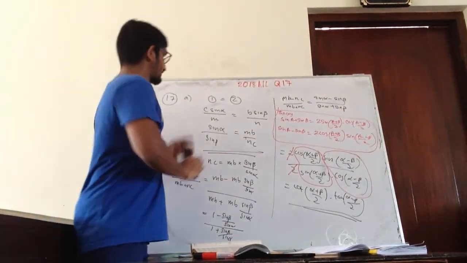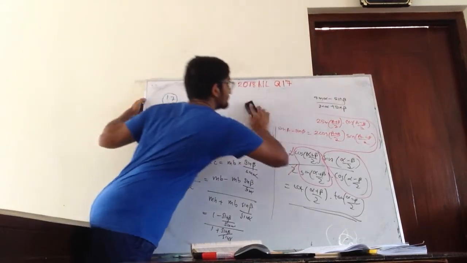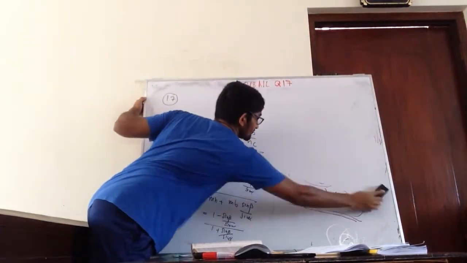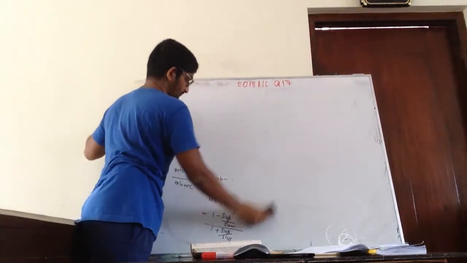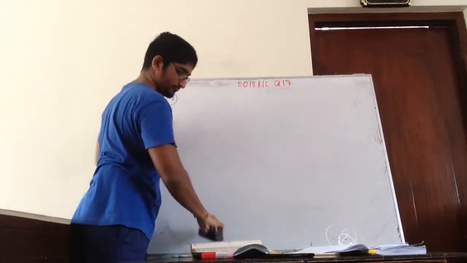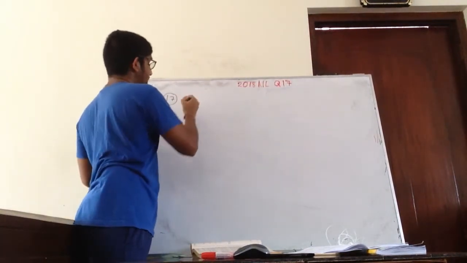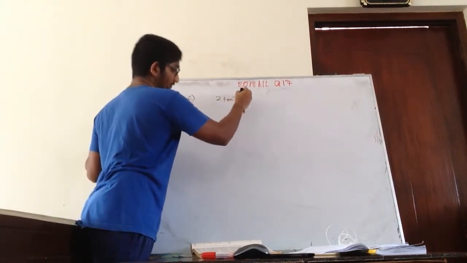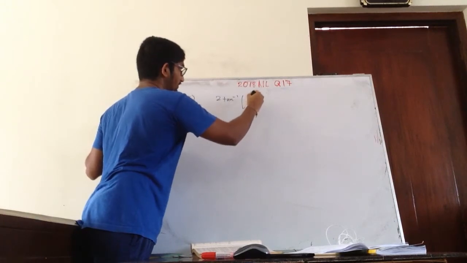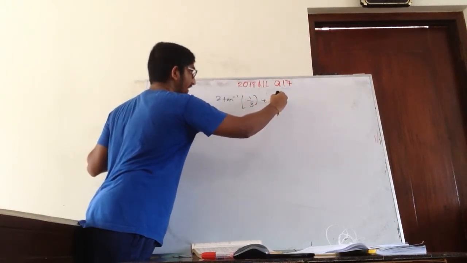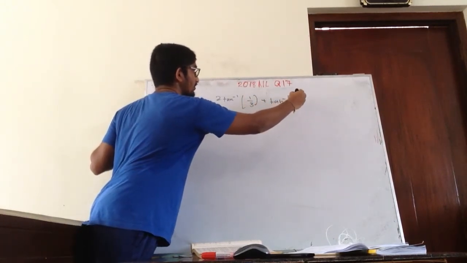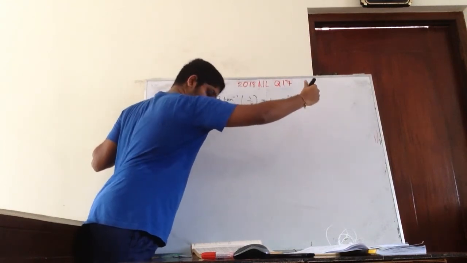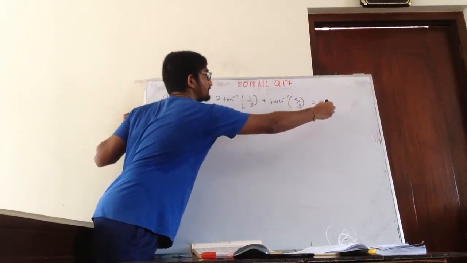Right. So now part C. What does part C say? Part C says 2 tan inverse 1 over 3 plus tan inverse 4 over 3 equals 5 pi over 2.